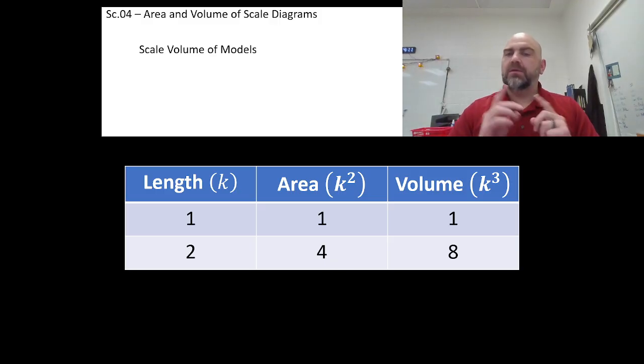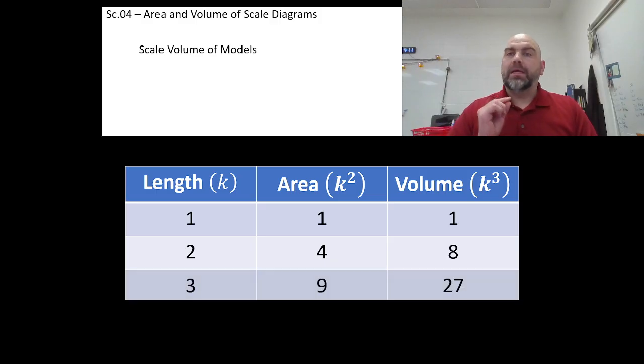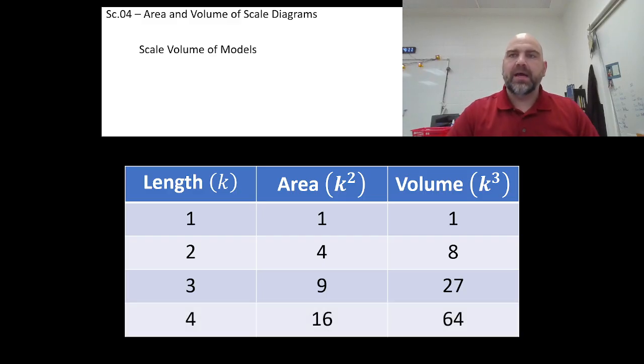That's k squared, k cubed. When we triple the length, we have 9 times the area and 27 times the volume. And finally, when we quadruple the length, we have 16 times the area and 64 times the volume. So if you increase all the dimensions by 4, you are getting a way bigger volume on that object, whatever you happen to be doing that with.